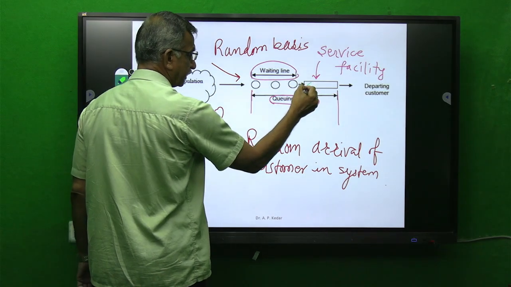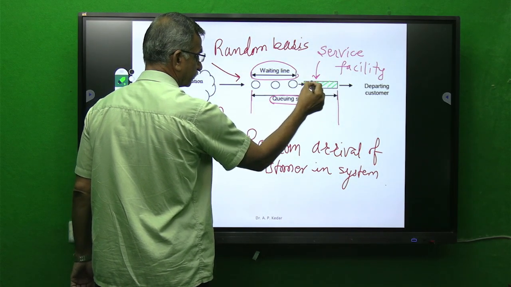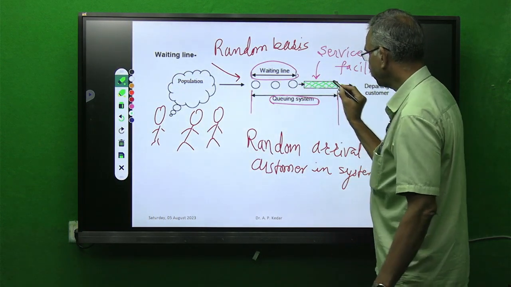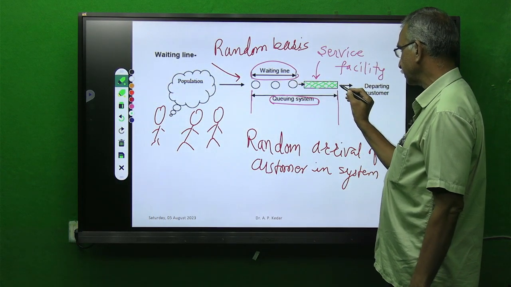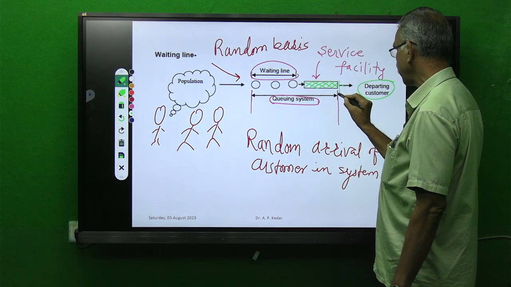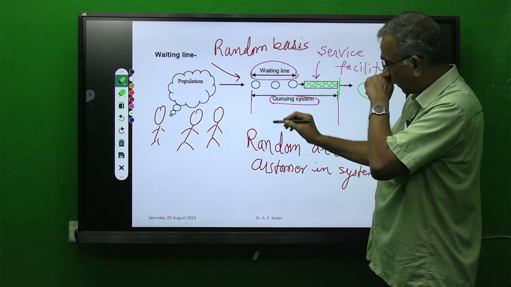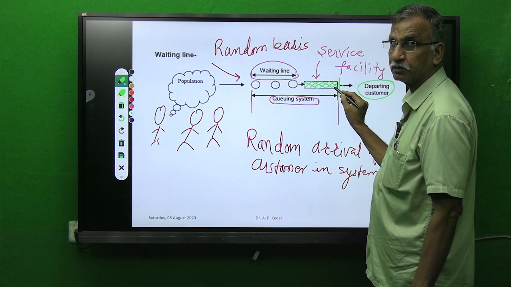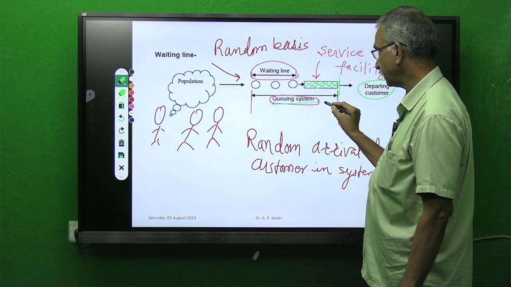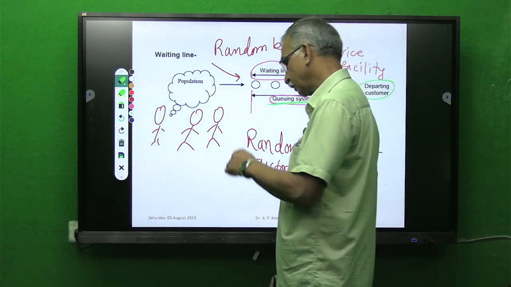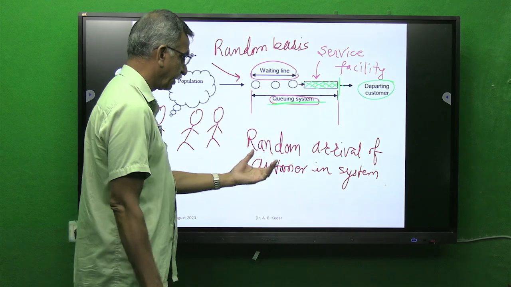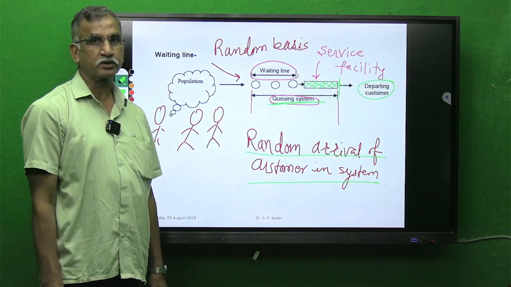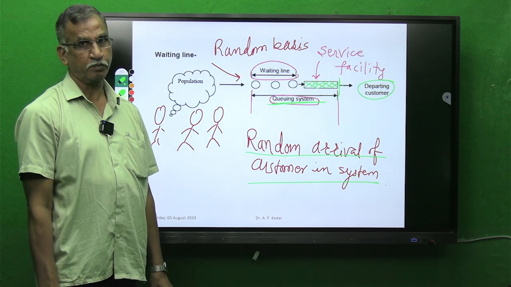Service facility is providing service at this point to the customer turn by turn, and after getting service, this person departs from this end. So waiting line plus customer being served forms the entire queuing system that we should understand. And as said, it is random arrival of customers in the system unless it is through proper appointment.